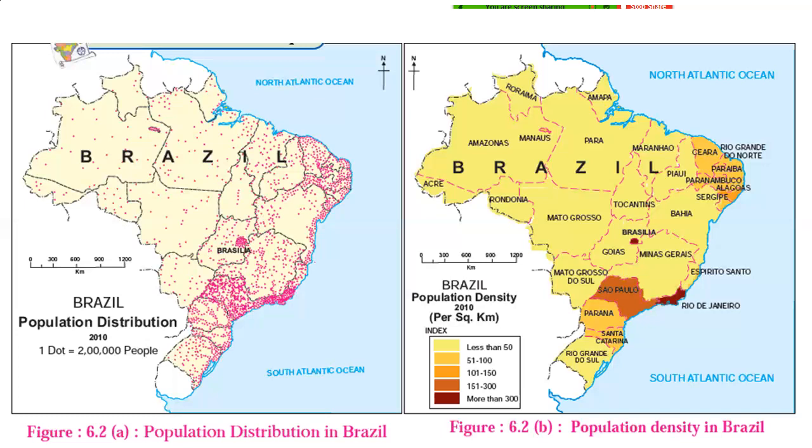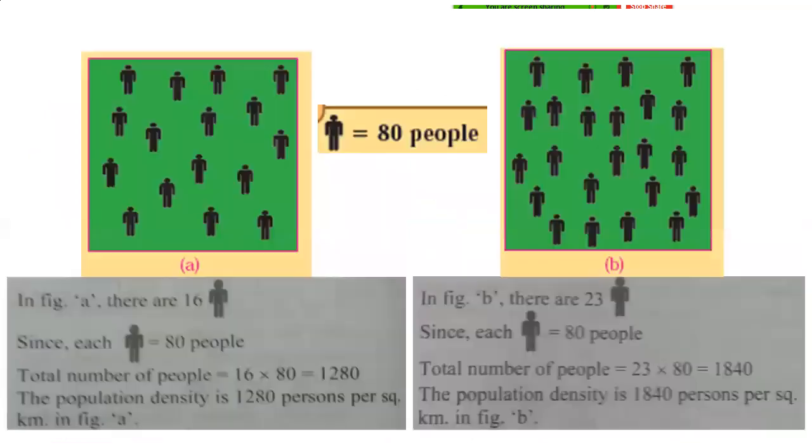How do you calculate the density of population in an area? Let's take an example. Let us represent a certain number of people using a symbol. Let one human figure represent 16 people, and this green square represents 1 square kilometer. In figure A, 16 human figures are shown in 1 square kilometer.